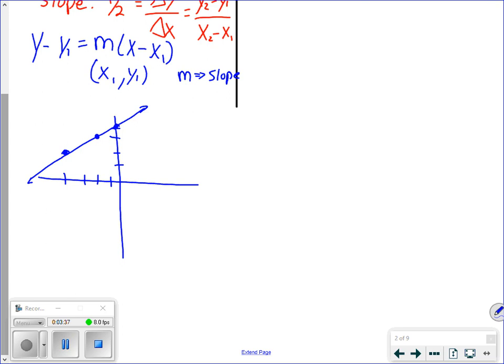The thing about a line is, remember that the rise over the run is up 1 over 2. The special property of a line is that the slope is always a constant. Another way of saying slope is to say the rate of change is a constant.